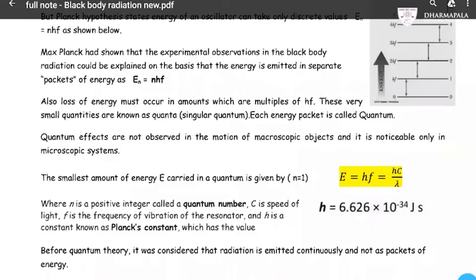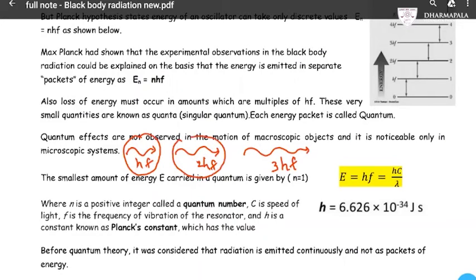These discrete energy values, hf, 2hf or 3hf, we call energy packets, because this is one amount, this is another amount, and this is another packet. These packets are known as quanta, singular quantum.